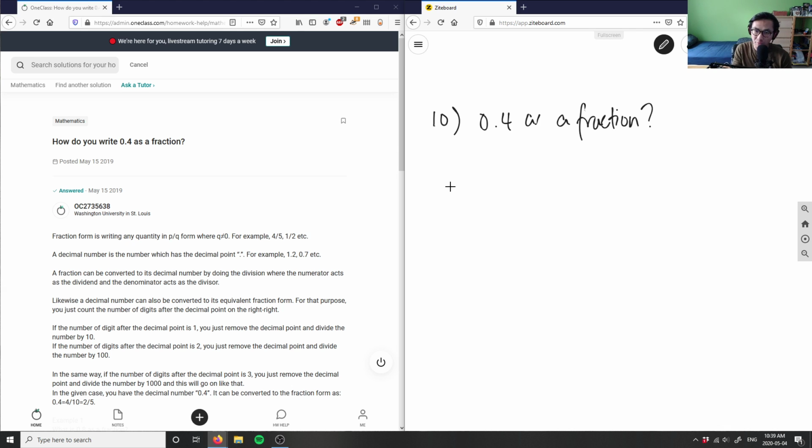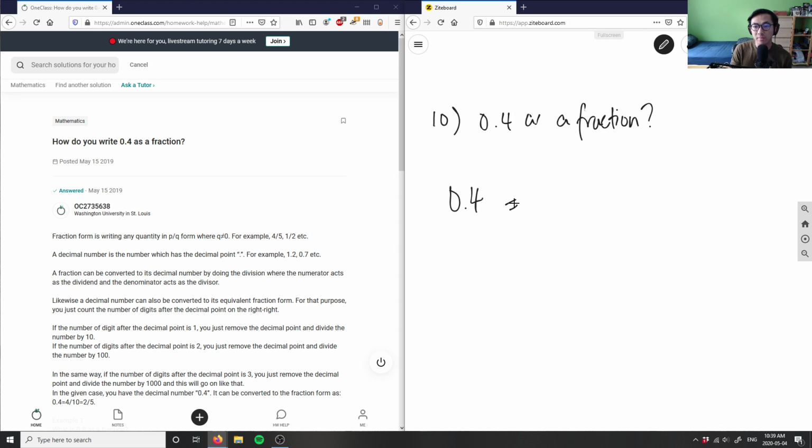We have 0.4 here, and 0 is on the left side of the decimal place. So we only have the decimal part, and we don't even have to convert it to a mixed fraction, because I didn't have a whole part. We can just simply convert it into an improper or a proper fraction here.